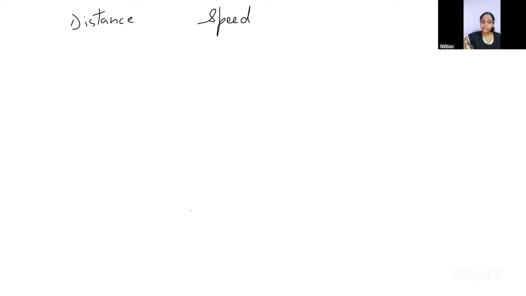If he's covering a distance in 3.5 hours with a speed of 10 kilometers per hour, he increases his speed to 14 kilometers per hour.